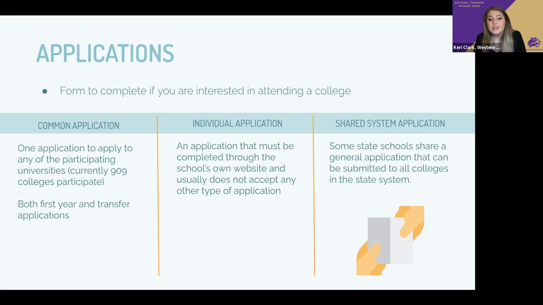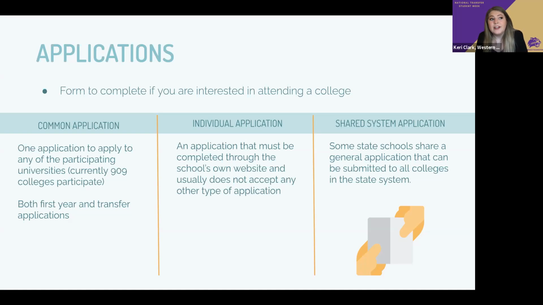This is an application that must be completed through the school's own website. Usually that institution does not accept any other type of application. So you have to complete their application through their website. And then, more uncommonly, there is a shared system application occasionally. Depending on the state, some state schools will share one general application.